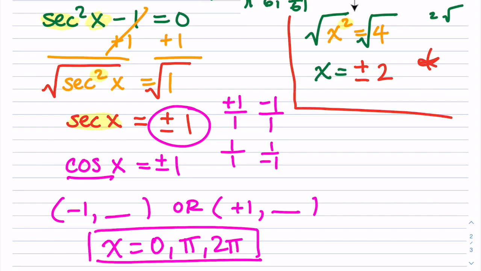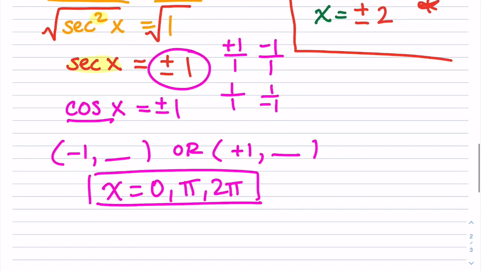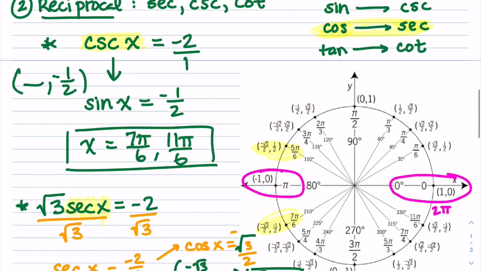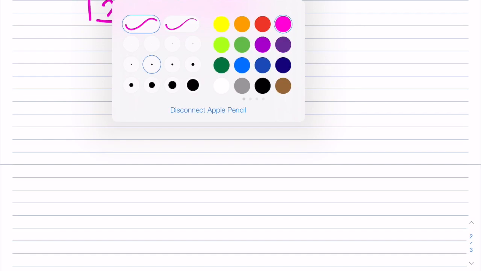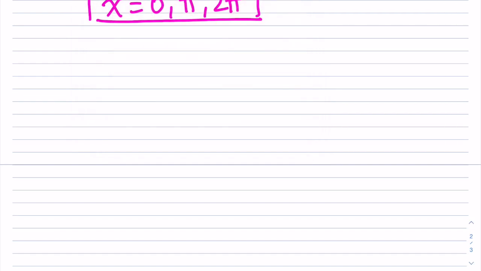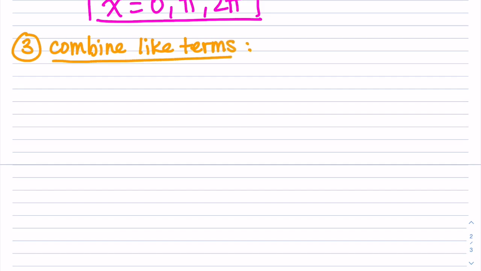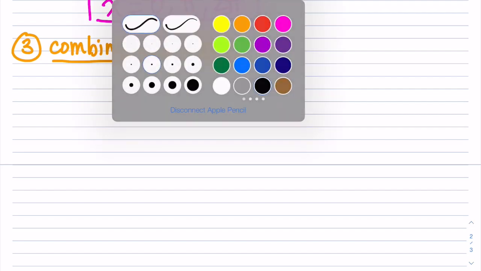Okay. And then lastly, the last kind that you might expect to see is what I would call ones where you have to combine like terms. Okay, so I'll do 2 examples like that with you. Here's a pretty good one.